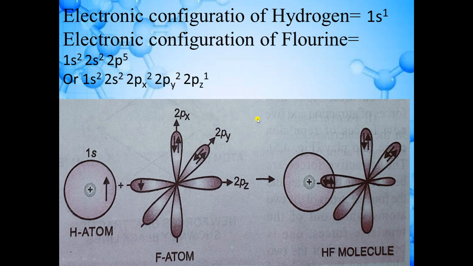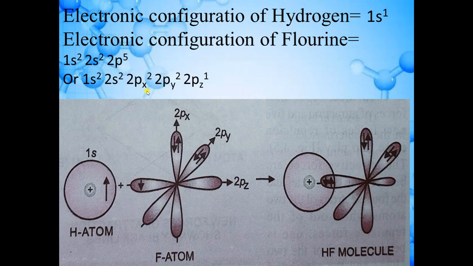In the fluorine atom, 2p orbitals are present. The p orbital has a dumbbell shape. As you can see here, 2px, 2py, 2pz. That means 2px is on the x-axis, 2py on the y-axis, and 2pz on the z-axis. So suppose this is the x-axis, this one is the y-axis and this one is the z-axis. Along the x-axis we will draw one dumbbell shape which is the 2px orbital.